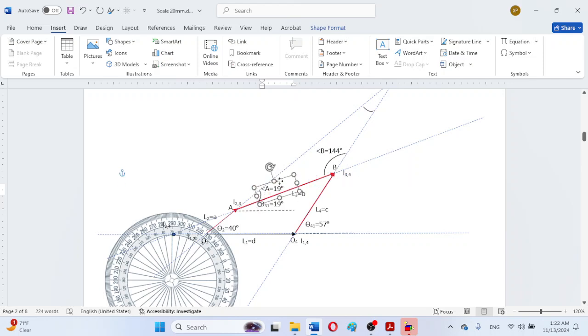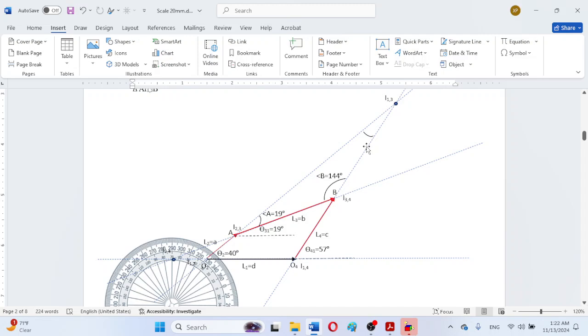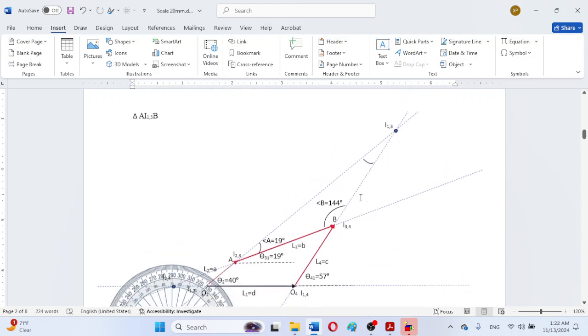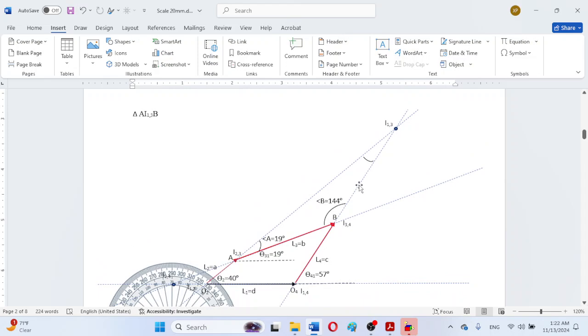These angles can be analytically calculated as well. Once the angles at A and B have been calculated, the angle at the vertex I1,3 can simply be calculated by subtracting the sum of the angles at A and B from 180 degrees.